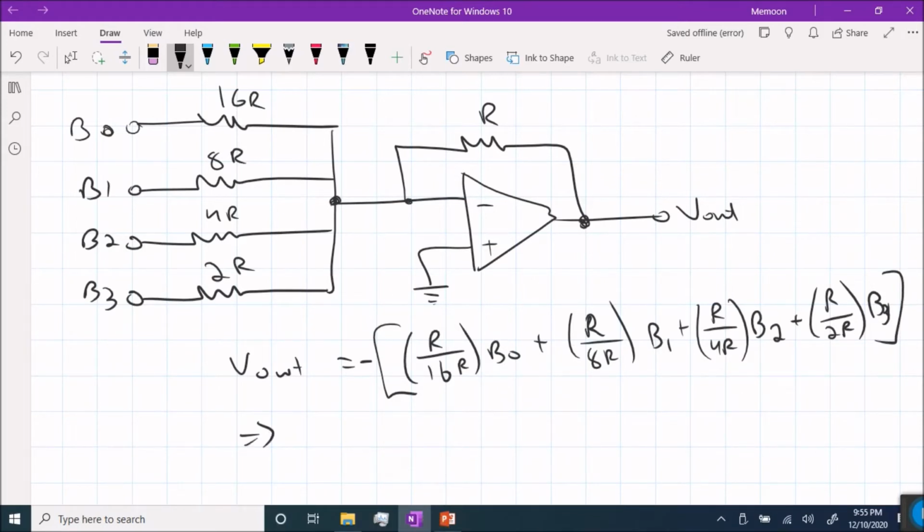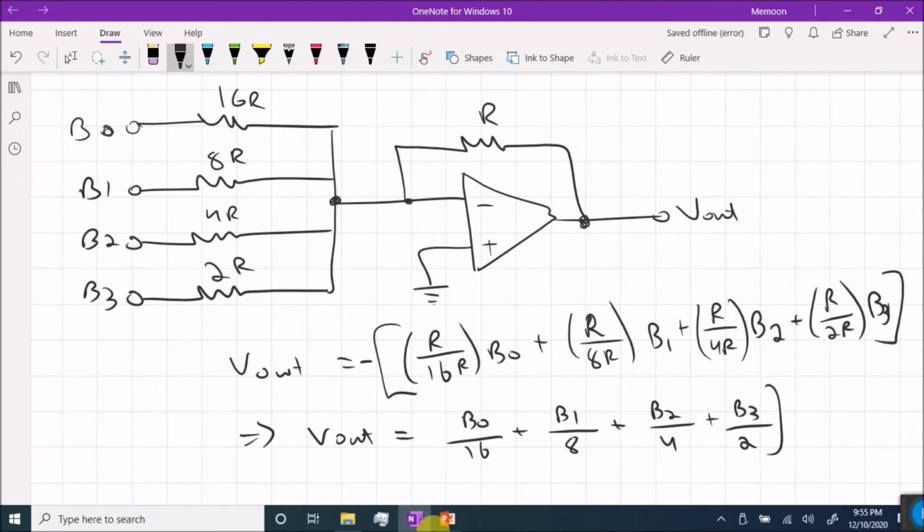So this means that V out is equal to negative, B naught over 16 plus B1 over 8 plus B2 over 4 plus B3 over 2.